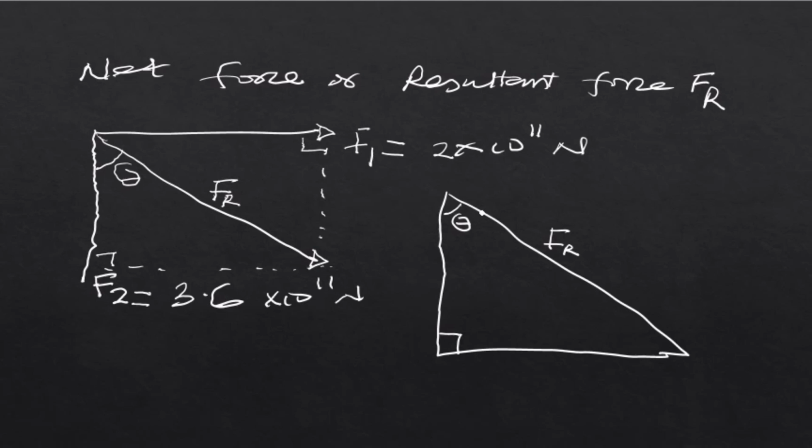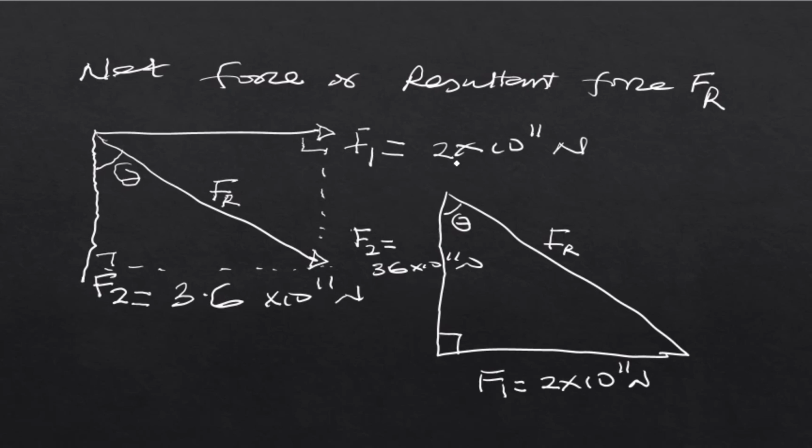So by writing this back, we have our F1 here, which is the same thing as 2 times 10 raised to the power of 11 Newton, while our F2, which is the one that is acting downward, is the same thing as 3.6 times 10 raised to the power of 11 Newton.